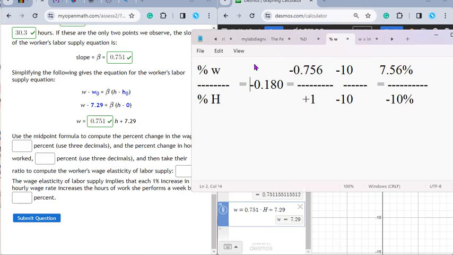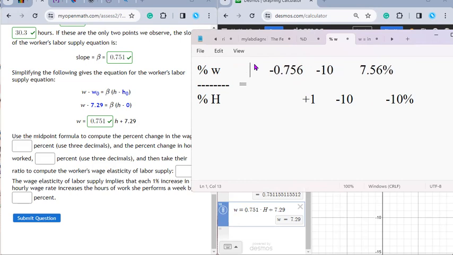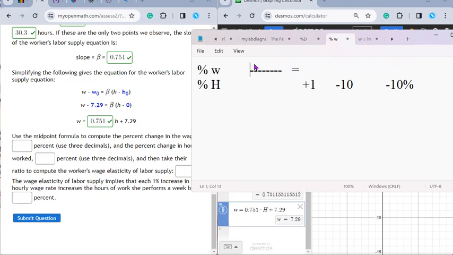Use the midpoint formula. So we need the percent change in wages and the percent change in hours, right?